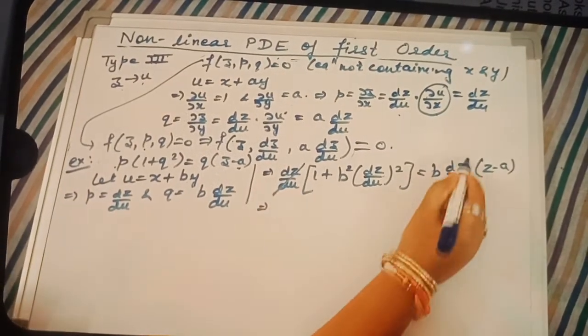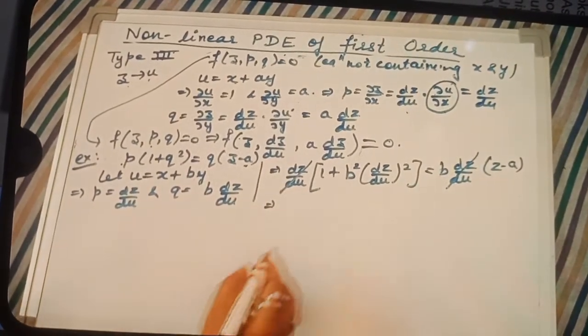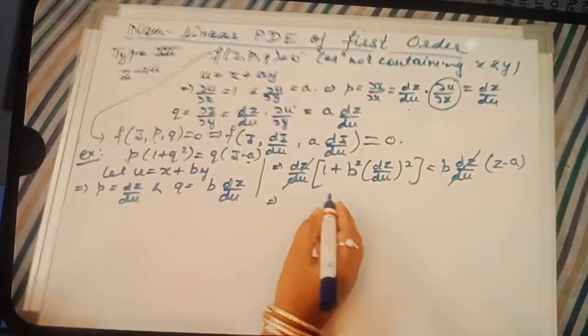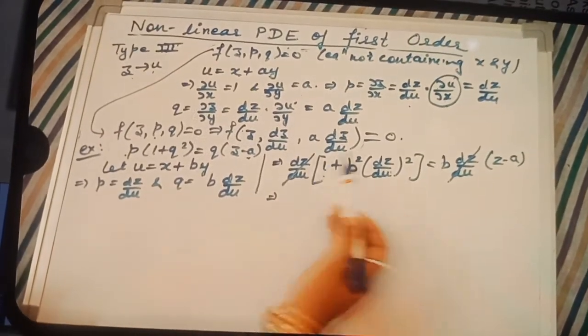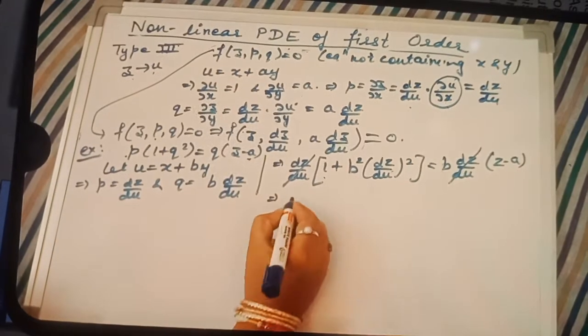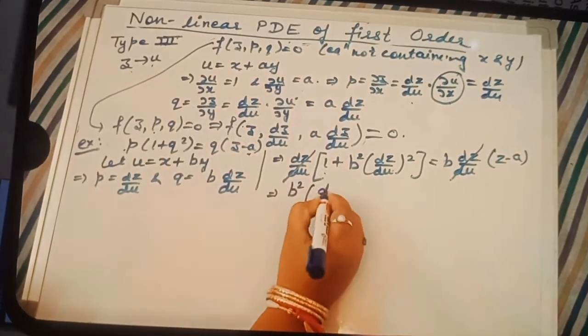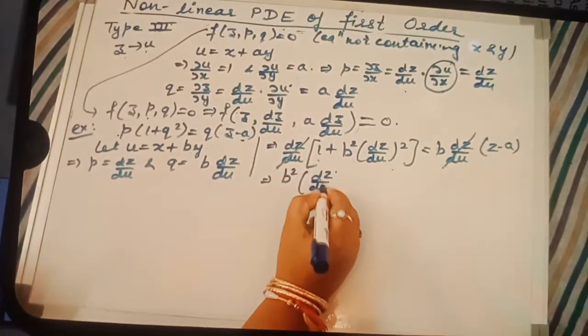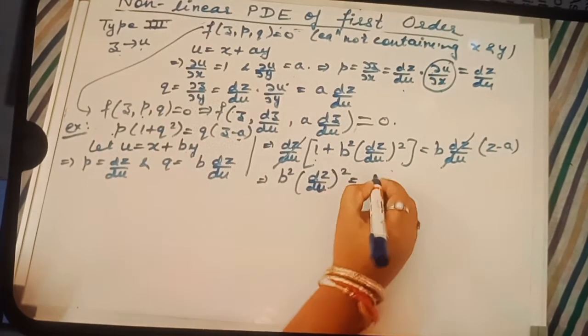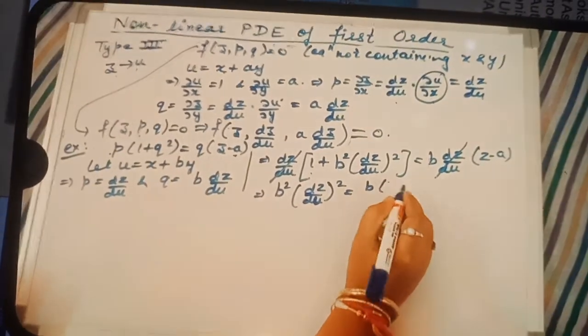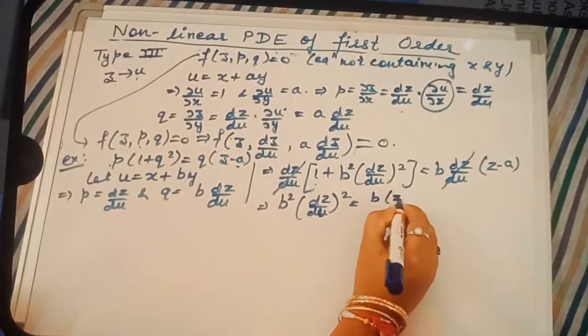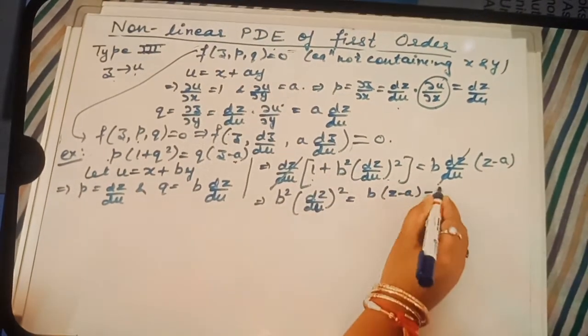Now dz over du can be cancelled out, and this can be written as, you take 1 there, b square dz over du whole square is equal to b into z minus a minus 1.